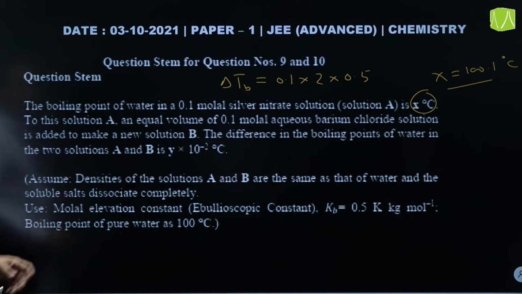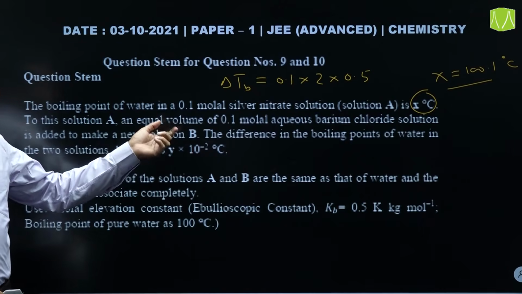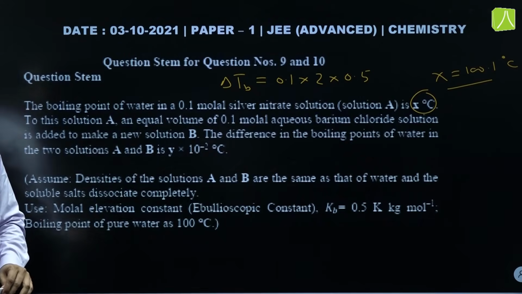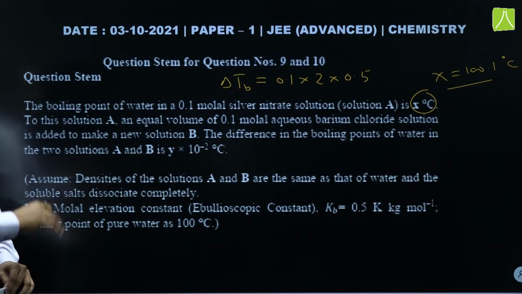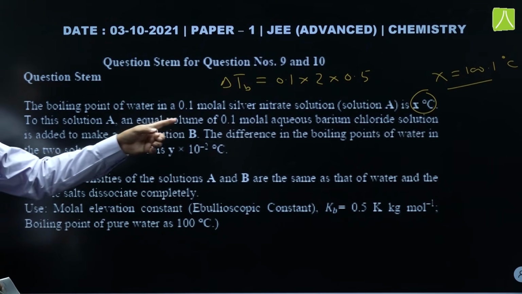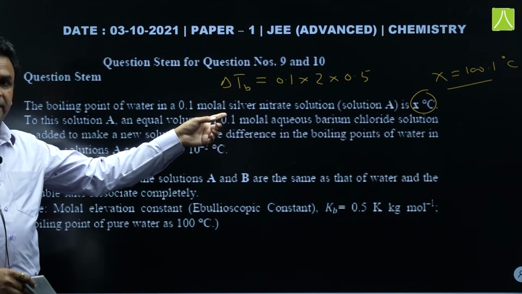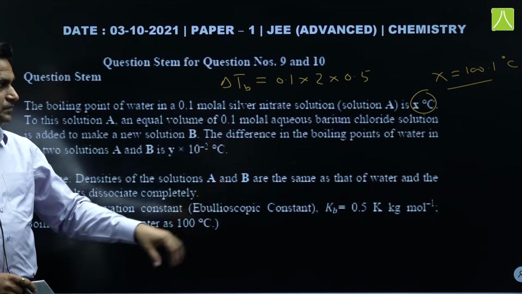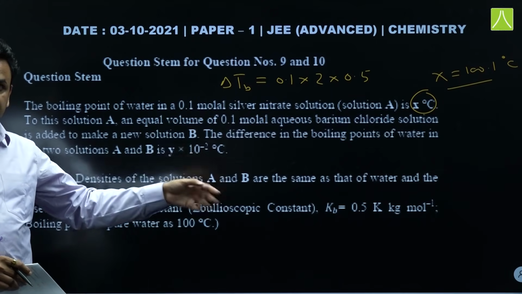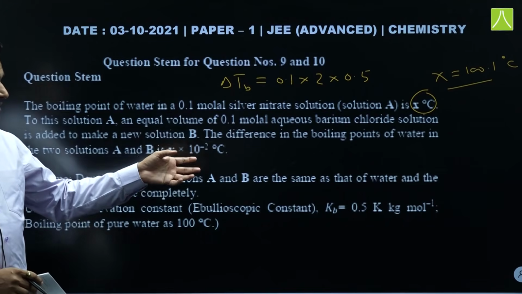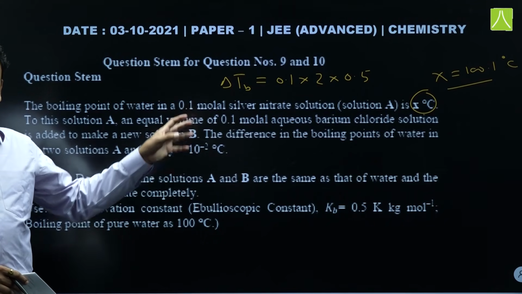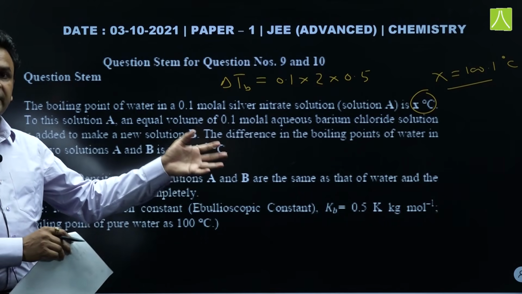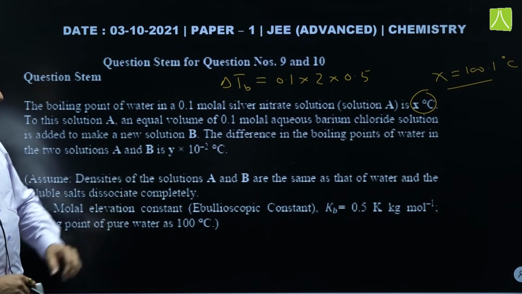Next, to this solution A, an equal volume of 0.1 molar aqueous barium chloride is added. So, we are adding barium chloride into this. So, barium chloride will react with silver nitrate and AgCl white precipitate will get formed. So, the number of ions in the solution will get reduced as such. So, we have to calculate the number of different particles of different species in the solution.